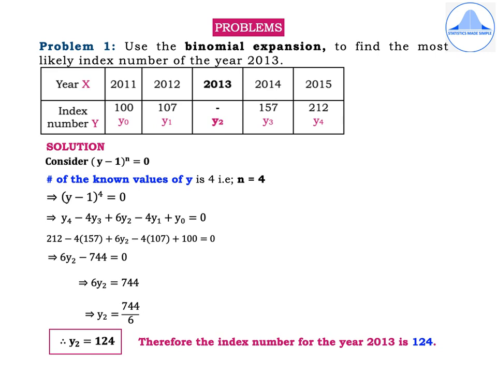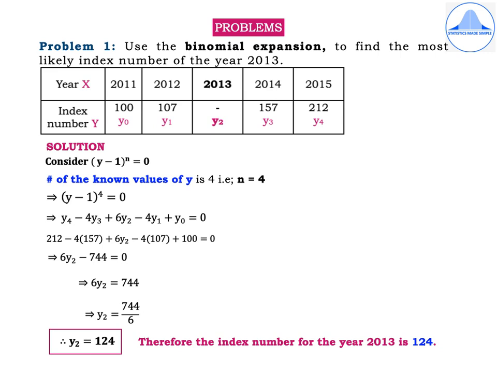Now observe very carefully that the x values are equally spaced, that is, they have a difference of 1. Secondly, 2013 belongs to the table. So we see that the two conditions for which the binomial expansion method is applicable are satisfied in this problem. So let's start with the solution.